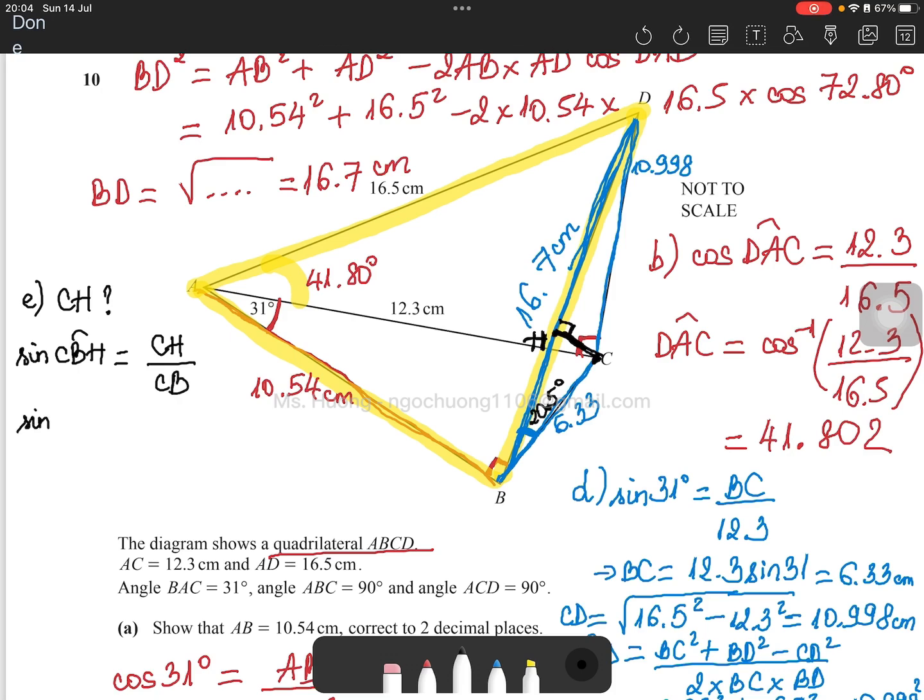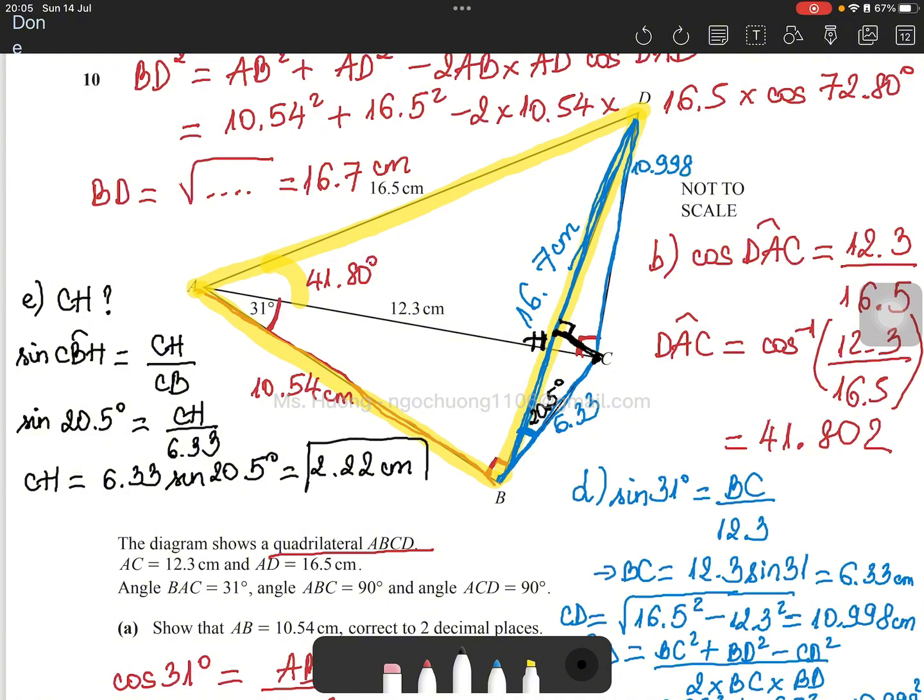The angle CBH is 20.5 degrees, so sin 20.5 degrees is equal to CH over CB, which is 6.33. So to find the length of CH, we'll multiply 6.33 by sin 20.5 degrees. And the answer for this is 2.22 centimeters. So the shortest distance from C to BD is 2.22 centimeters.